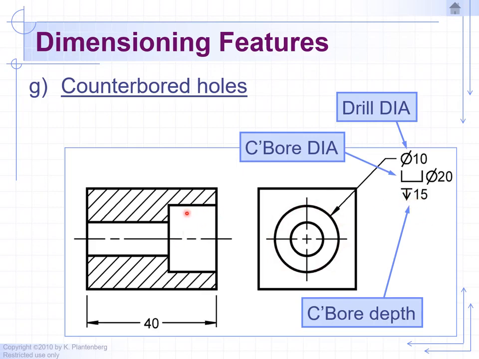So the depth of the large diameter hole is 15 units. Now note that we don't have a depth for the first hole, the small diameter. If no depth is called out for the first hole, the small hole, then you can assume it goes all the way through. Okay, if you want, and in old drawings you would write through, THRU, but pretty much you can assume it and just leave it out. Okay, next slide.